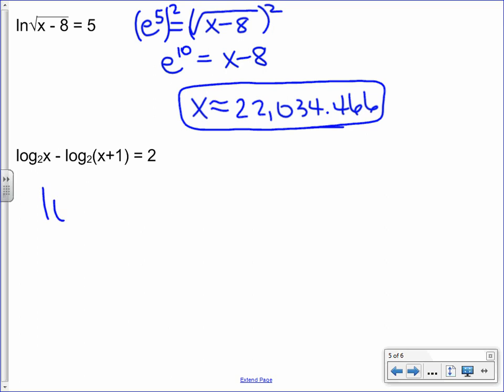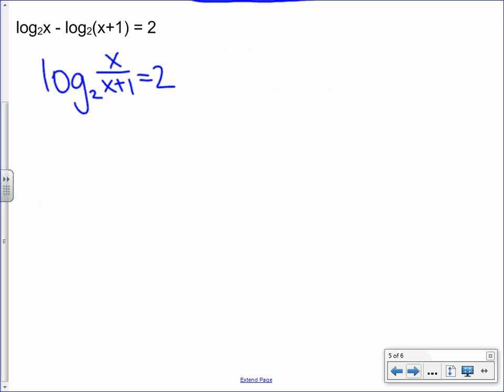We could condense these to log base 2 of, excellent. Okay? Now I have a logarithm that equals a value. What can we do? Rewrite it to what? Oh, 2 squared equals. Great. So we have 4 equals x over x plus 1.